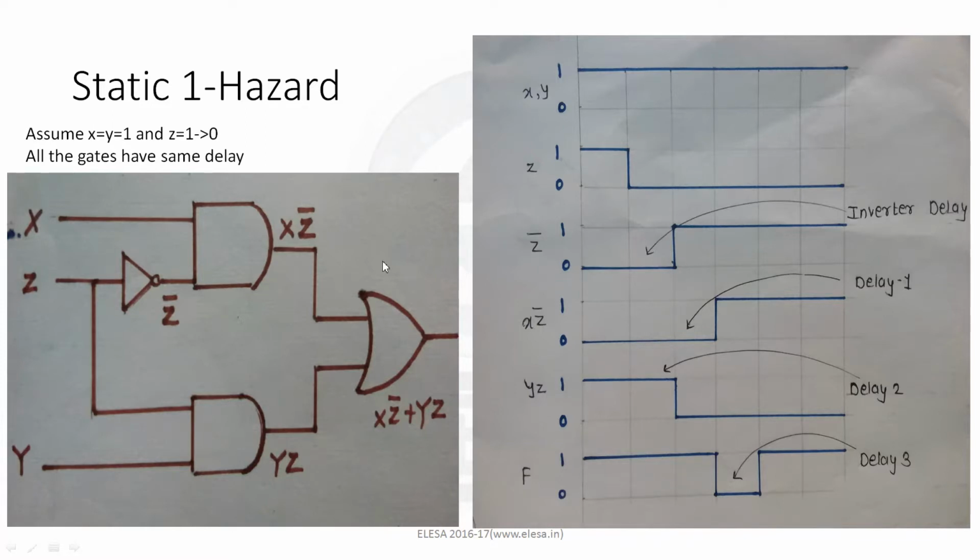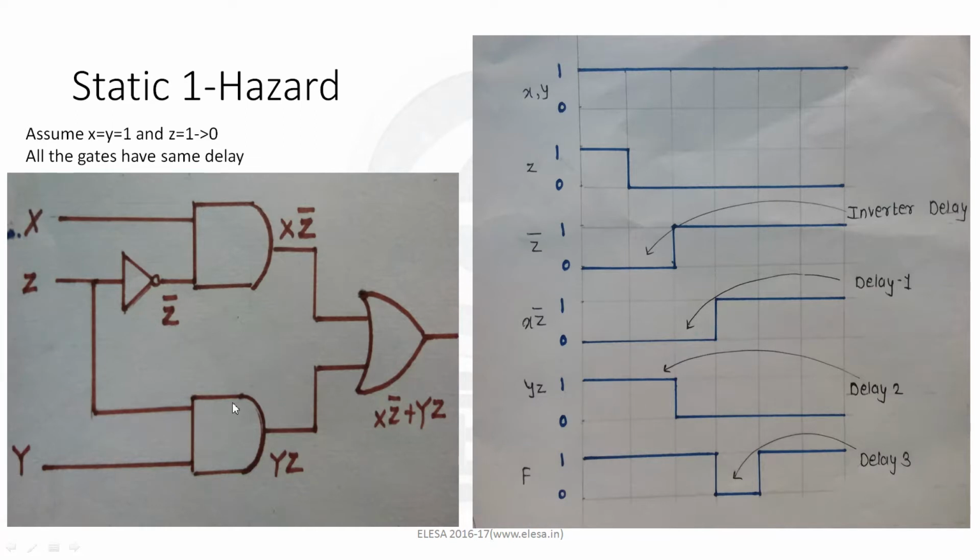The next term is ANDing of x and z bar. Here the output is 0 if one of the inputs is 0. So here we expect it changes from 0 to 1, but there is a delay, so it changes here.